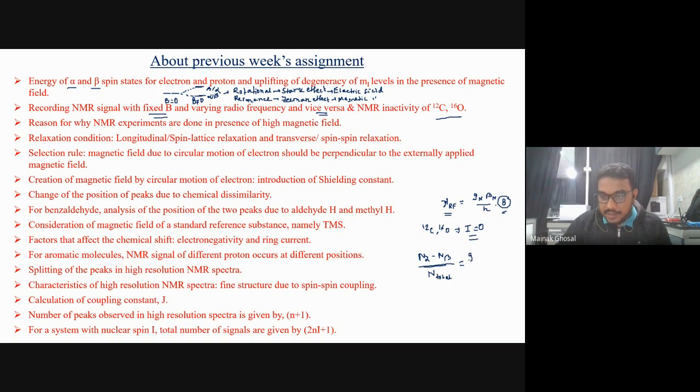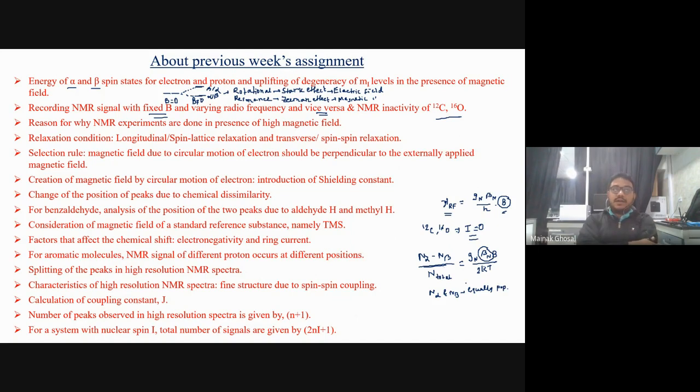N alpha minus n beta equals g_N beta_N B by 2kT, divided by n total. We also discussed that beta_N is very small, so in alpha and beta states at room temperature they are almost equally populated. So the population difference is very small because beta_N is very low.